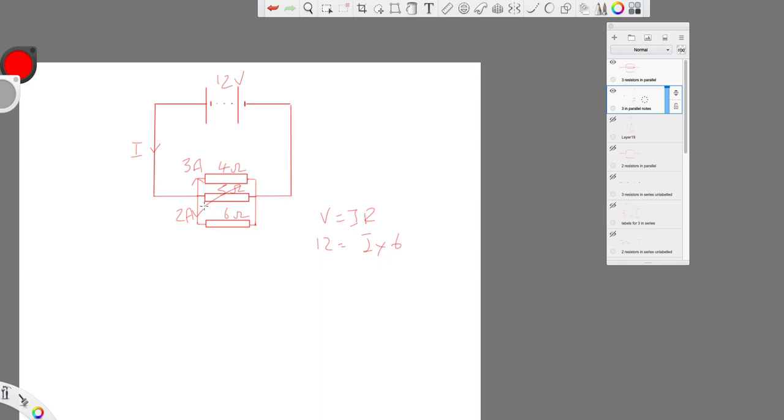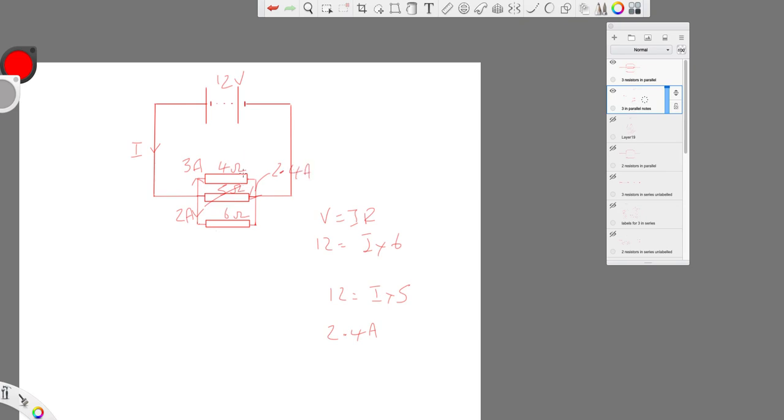So it's 12 divided by 6, it's 2 amps. The 5 ohms, that's a little bit harder. If I thought about it, I would have picked a different number, but I've got 12 volts. So 12 divided by 5 would be 2.4 amps. So that, can't draw it in there very easily, 2.4 amps.